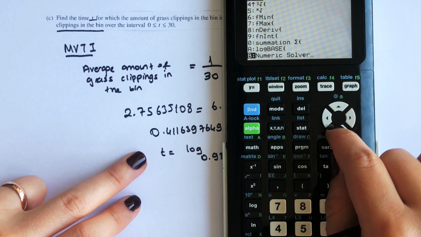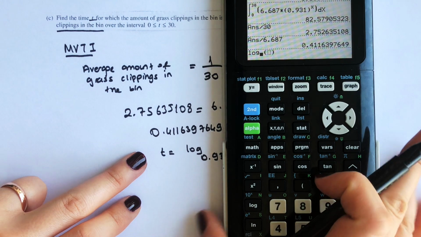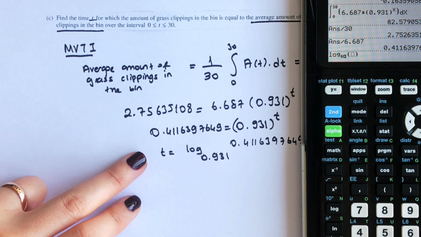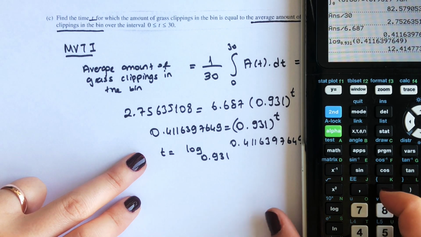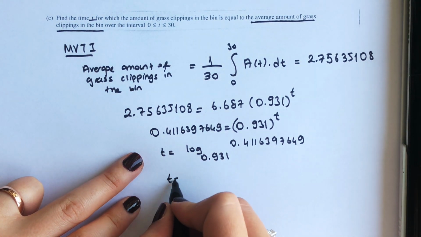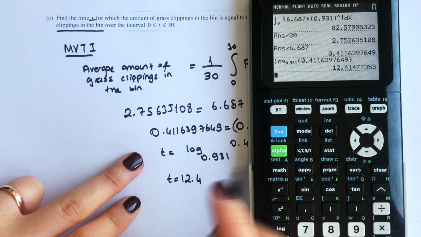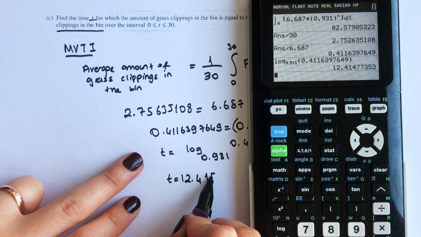Math, log base 0.931 of 0.4116397649. It will be 12.415.